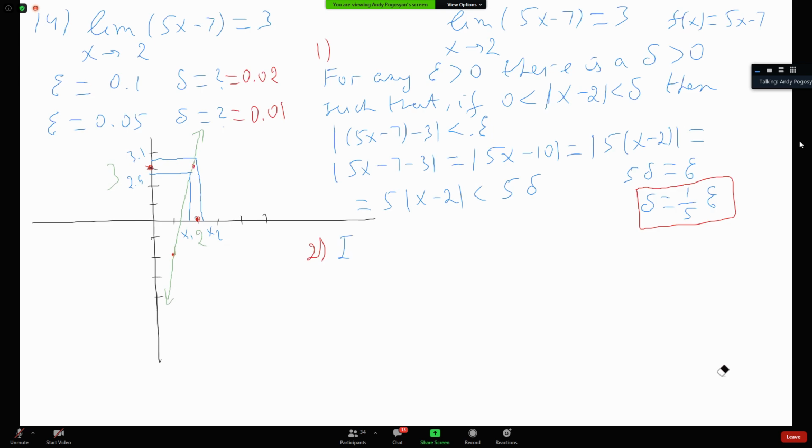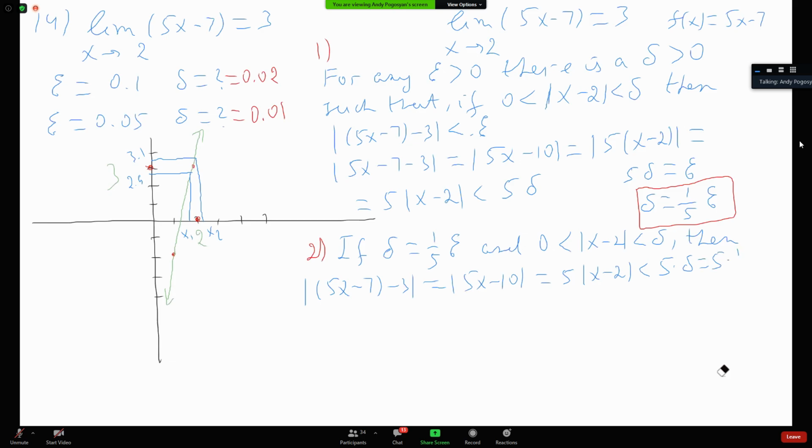So if delta equals 1 over 5 epsilon, and 0 is less than absolute value of x minus 2 less than delta, then this expression, 5x minus 7 minus 3 equals 5x minus 10 equals 5 times absolute value of x minus 2, is less than 5 times delta, but this is 5 times 1 over 5 epsilon, so we get epsilon.